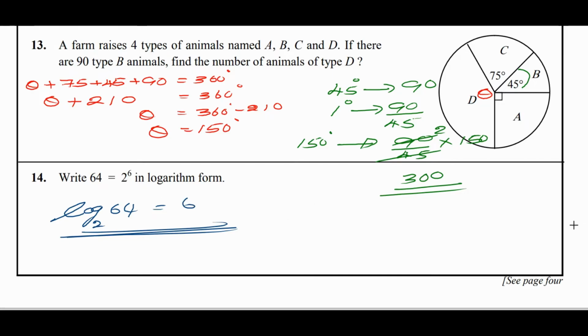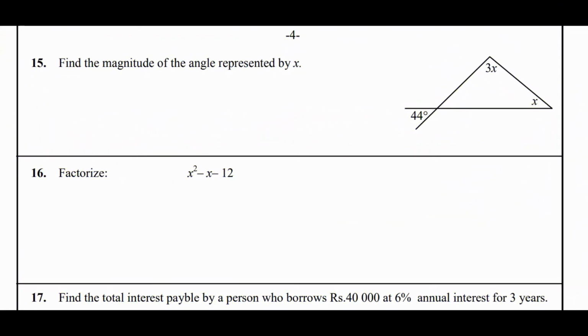Let's try question number 15. Find the magnitude of the angle represented by x. Alright. Here we have 3x, here we have x. Then this should be 3x plus x, that means 4x. And again 44 plus 4x should equal 180 because of the adjacent angles on a straight line. Then 44 plus 4x equals 180.